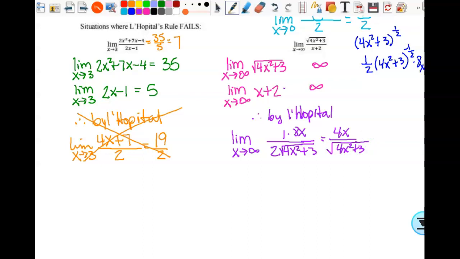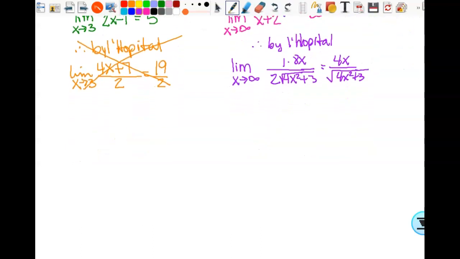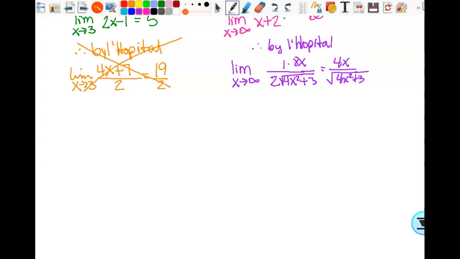All right, when I substitute in infinity again, am I going to get infinity over infinity? I am. So when I separate it, we say the limit as x approaches infinity of 4x is going to give me infinity, and the limit as x approaches infinity of the square root of 4x squared plus 3 is going to give me what?